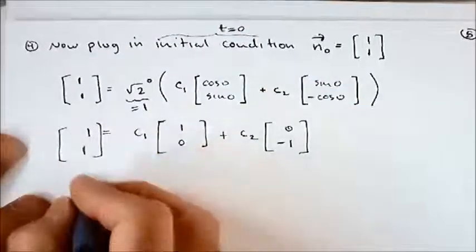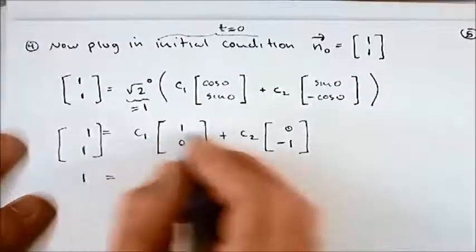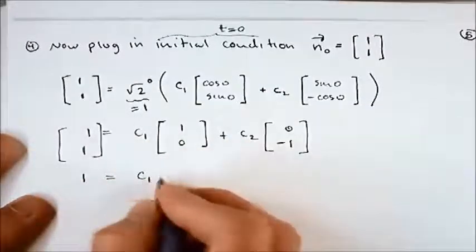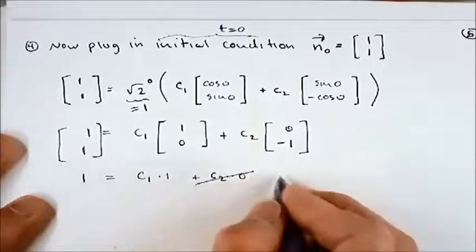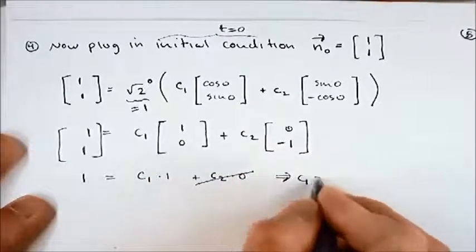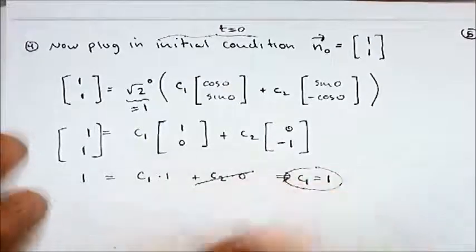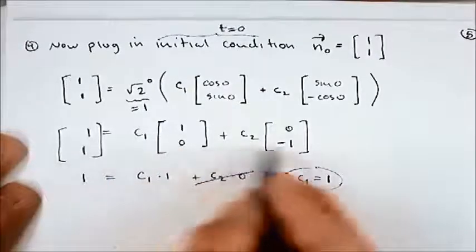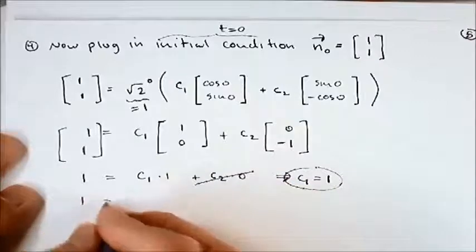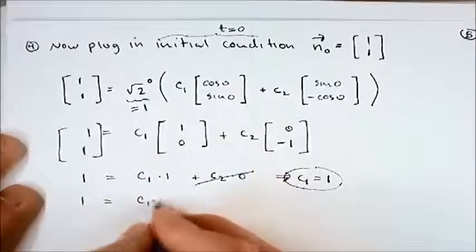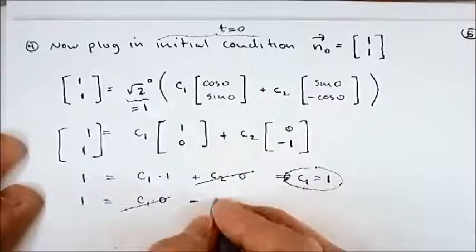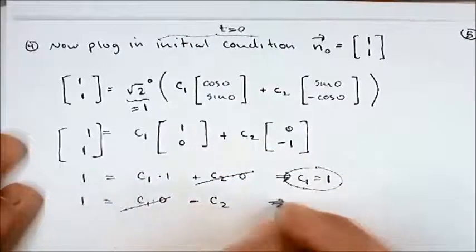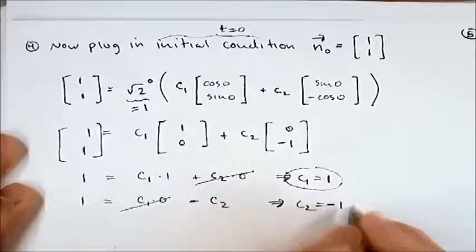So there's two equations here. 1 equals the top row, C1 times 1 plus C2 times 0. So that tells me C1 is equal to 1. The bottom row tells me 1 equals C1 times 0 plus C2 times negative 1, so minus C2. So then I know C2 is equal to negative 1.